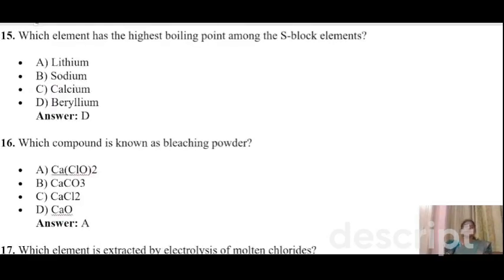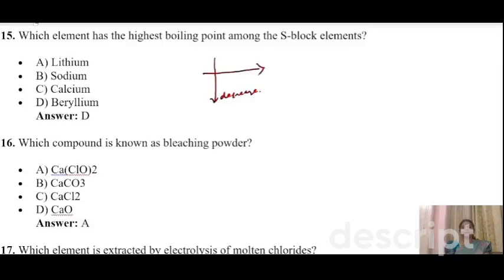Next question: which element has the highest boiling point among the s-block elements? There are four options given: lithium, sodium, calcium, beryllium. Usually the trend is that the boiling point decreases from top to bottom and increases from left to right.